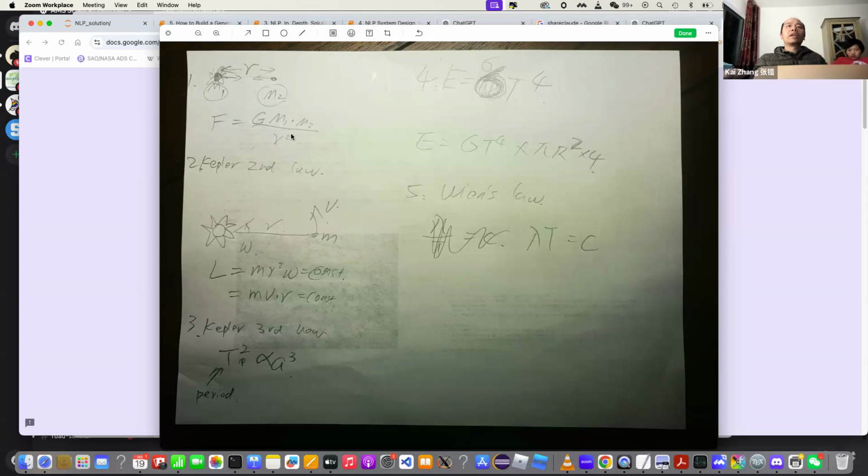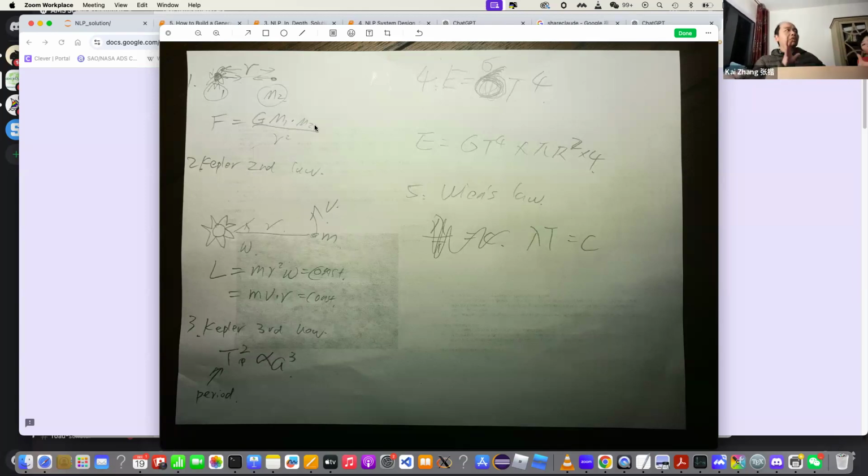And it is inversely proportional to R squared, which means if the distance is increased by a factor of 2, for example, we are 1 foot away and then we are separated to 2 feet away, the force would be reduced by a factor of 4 because of the R squared.